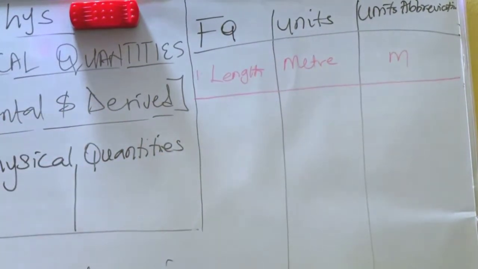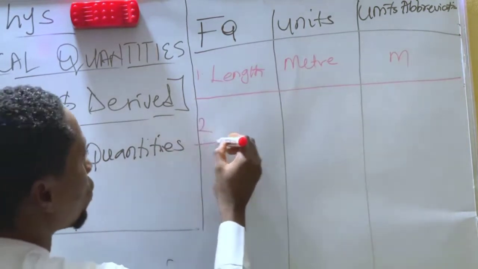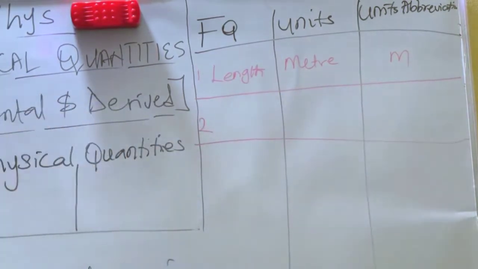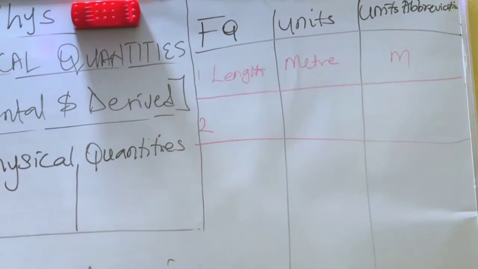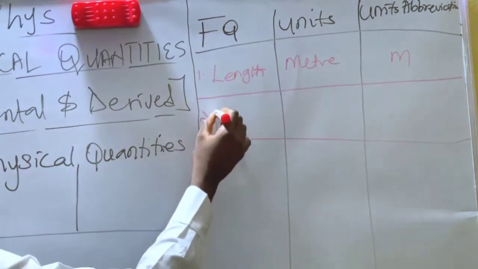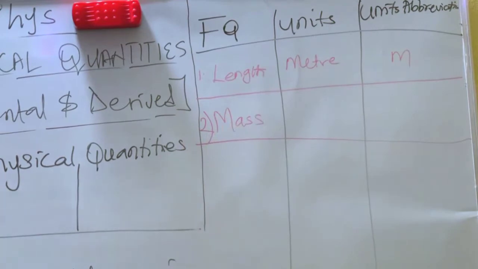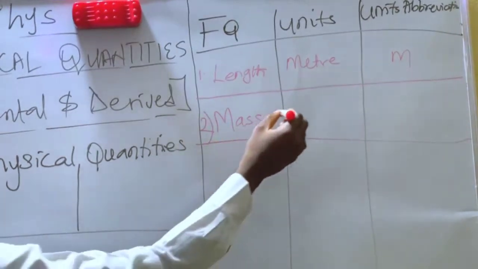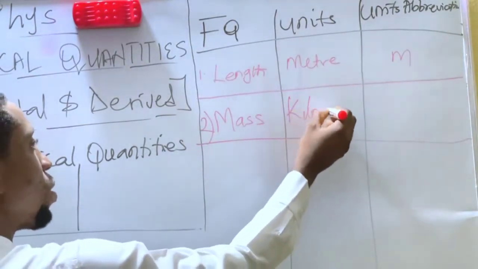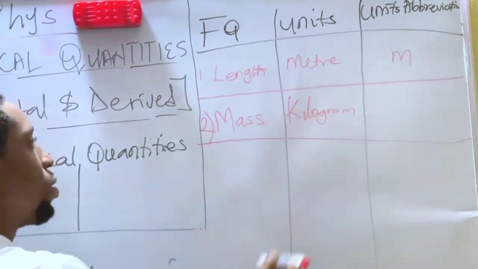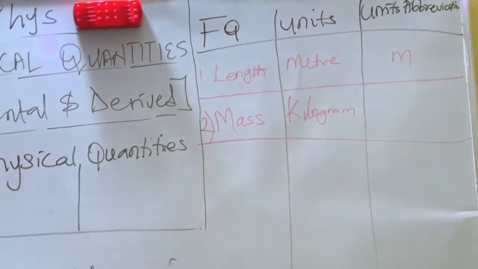Then number 2 on our list is mass. Mass is measured in kilogram. The unit abbreviation is kg.